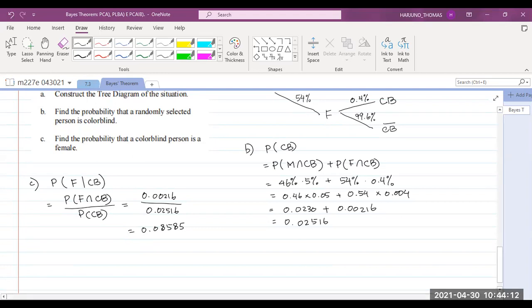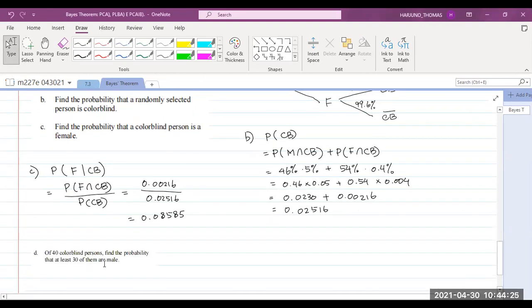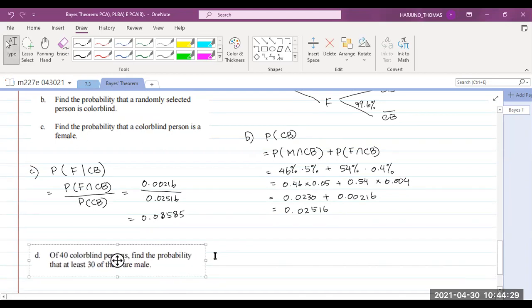Okay, now let me go on a bit more. Remember I said that I have a follow-up question. Now let's see part D. Of 40 colorblind persons, find the probability at least 30 of them are male. Oh, hold on. There are 40 colorblind.